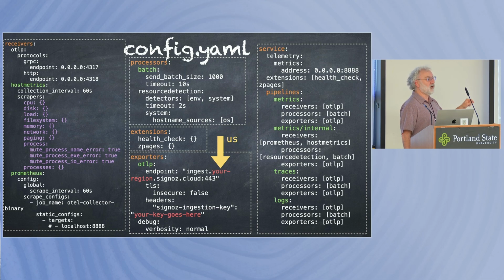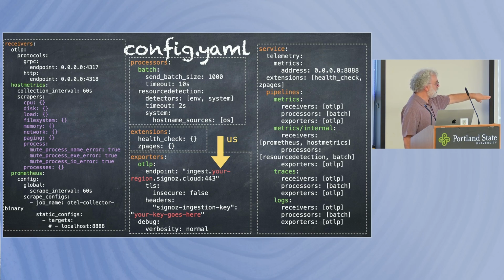For example, you may want to make sure your collector is even up and running, and they have a health check extension for that. It actually uses just HTTP response codes to indicate that it's either running or it's sick. zPages is another tool for getting information out of the collector as it's running. Those are optional but useful.